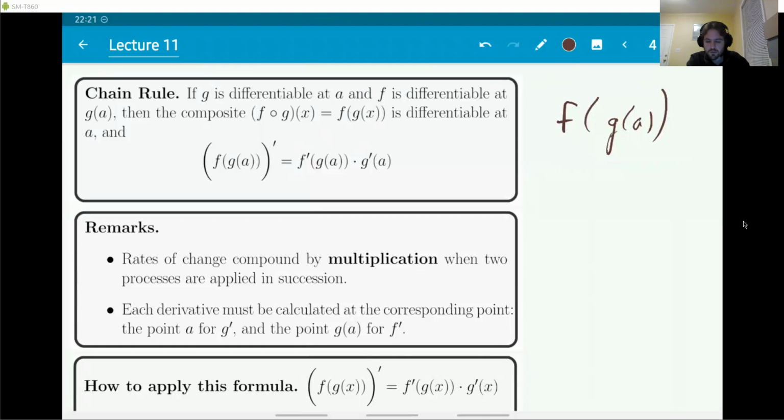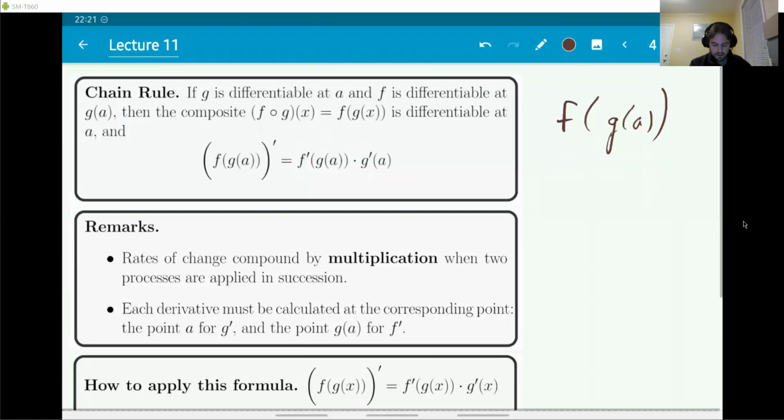If you're gonna affect the rate of change of g in some way, let's say multiply it by 2, and then also the one for f, let's say multiply that by 3, the combined composite function here will have a rate of change multiplied by 6, 2 times 3. That's the reasoning behind this formula with a multiplication.